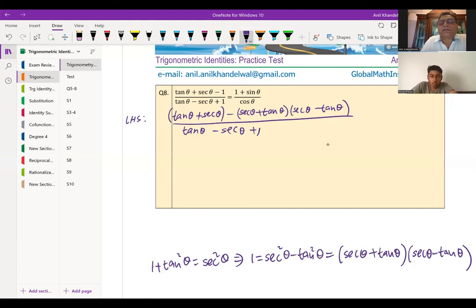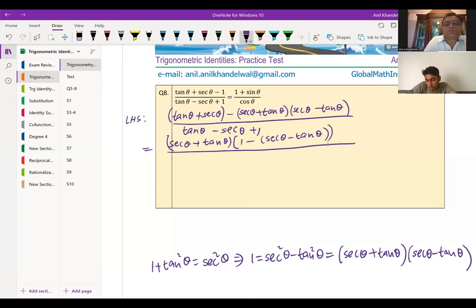Now you can take secant theta plus tan theta common. And you're left with 1 minus secant theta minus tan theta, correct? Over tan theta minus secant theta plus 1.